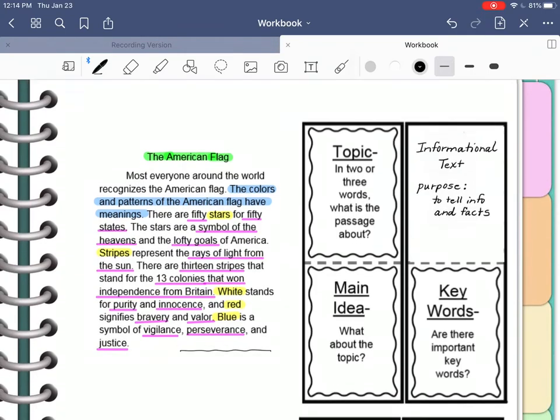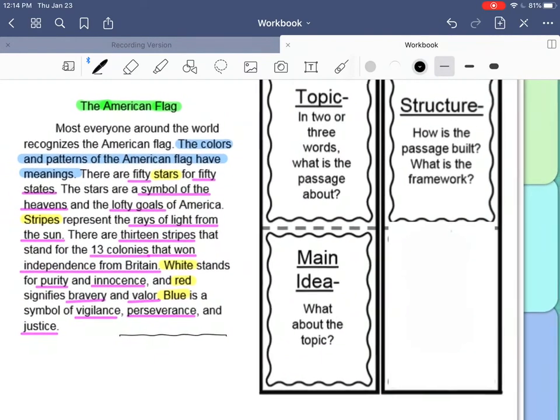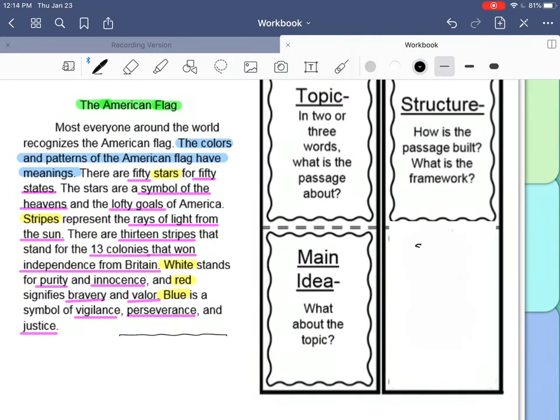Close that door and then let's open the keywords door. Are there important keywords? Yes, there are, because we're talking about patterns and colors. And so there are 5 of these. We're talking about stars and stripes. Those are patterns or symbols.